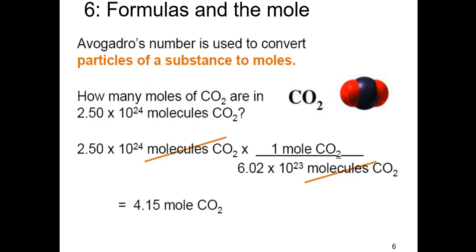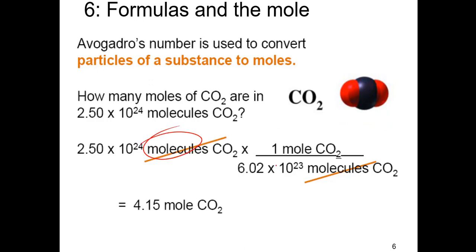Here is another problem, only this time we're starting with molecules. So you'll notice the equality never changes. So 1 mole is equal to 6.02 times 10 to the 23rd, and then we simply put in the name of the substance. 1 mole of CO2 is 6.02 times 10 to the 23rd molecules of CO2.